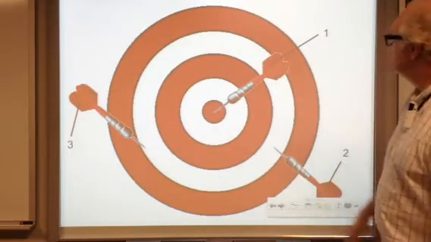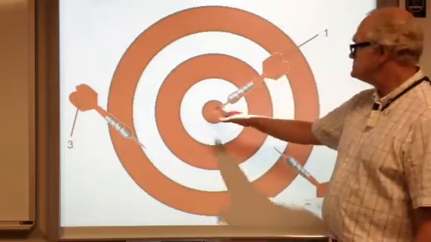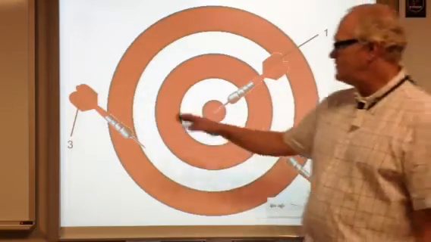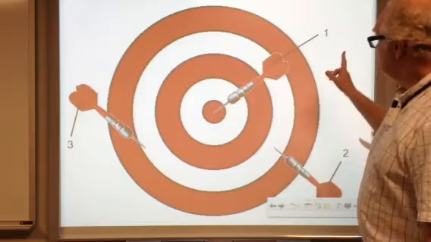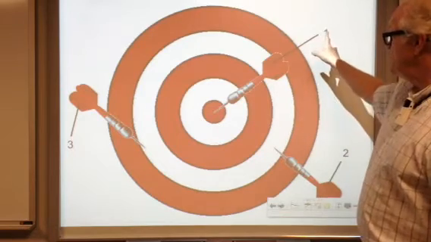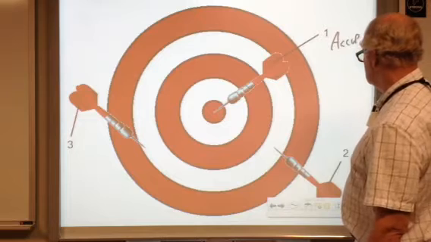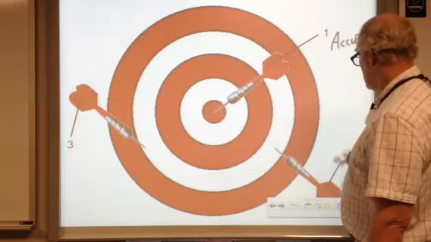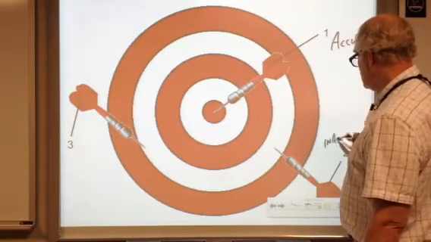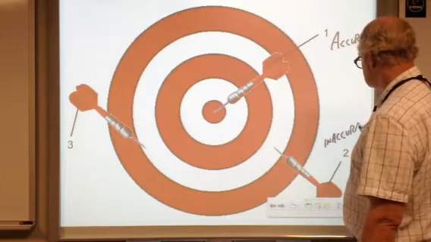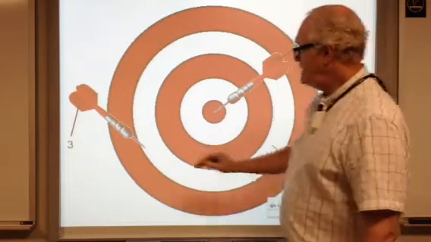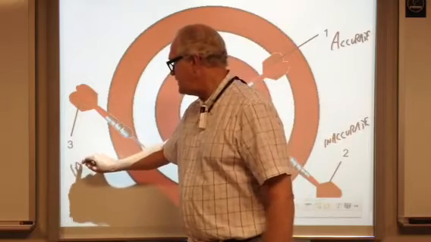All right, what about this case? One dart, second dart, third dart. In this case, we would say that throw number 1 was accurate. This is accurate. And this is inaccurate. We missed the bullseye. And over here, this one is also inaccurate.